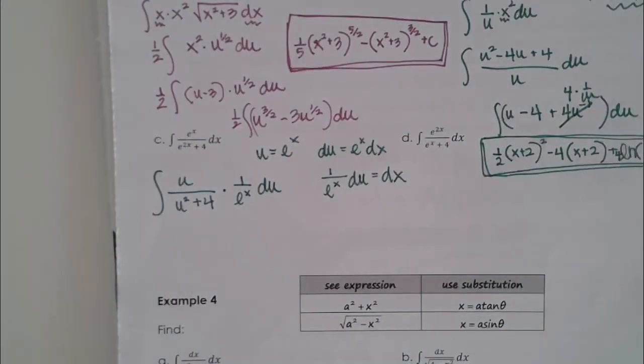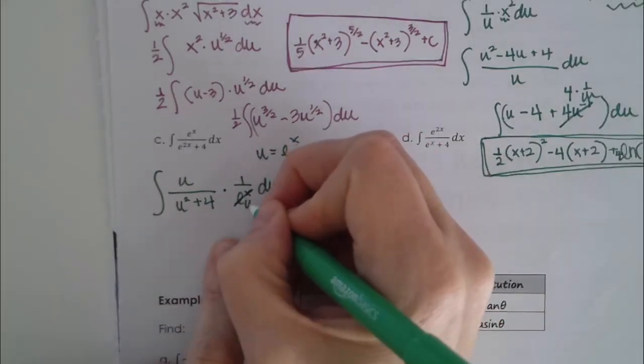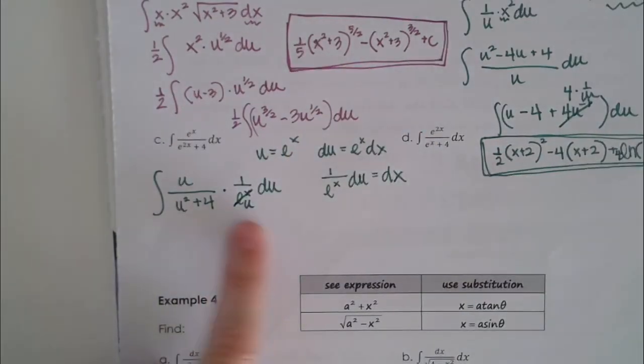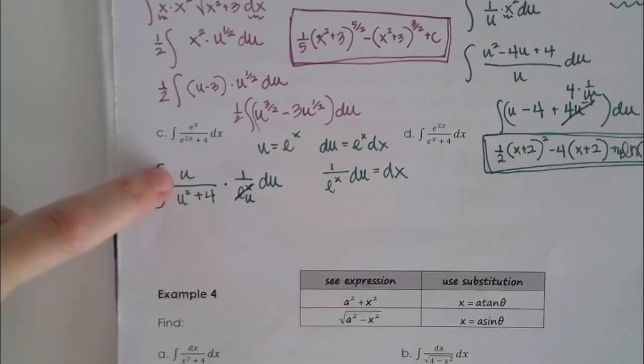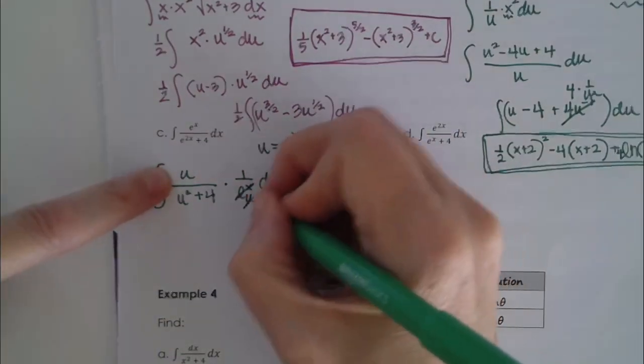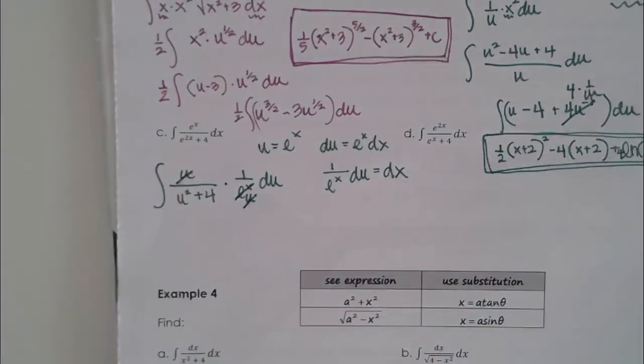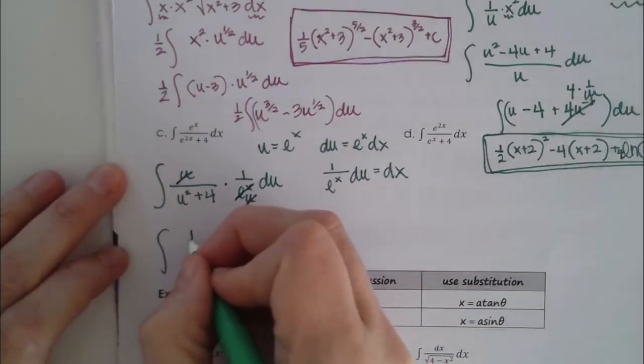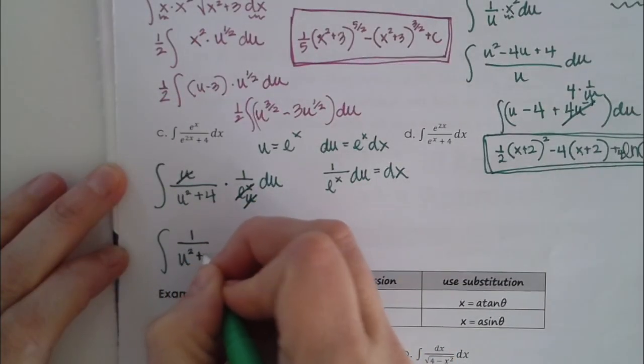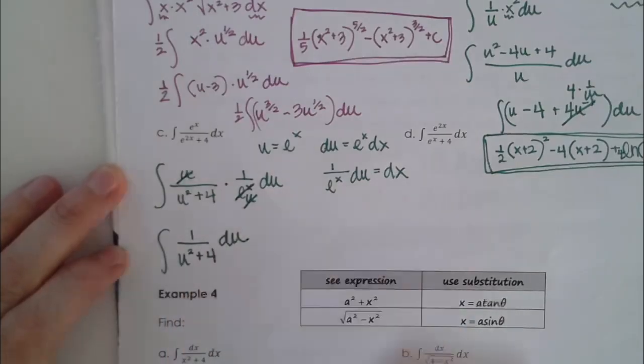Now, hopefully some of you noticed that e to the x is just my u, so we can call that u. U in the denominator and u in the numerator actually simplify to just be 1. So now I am here to 1 over u squared plus 4 du.